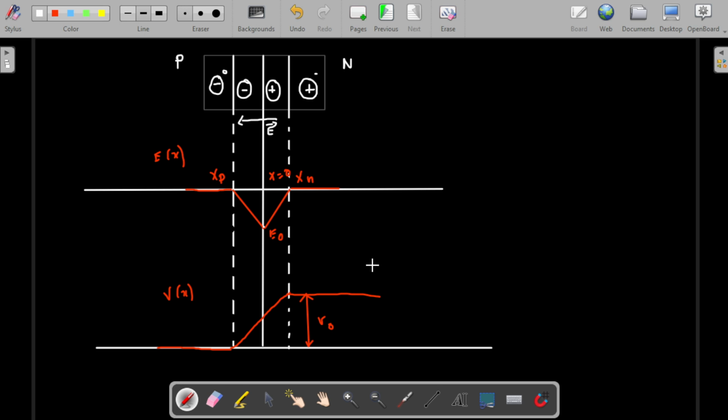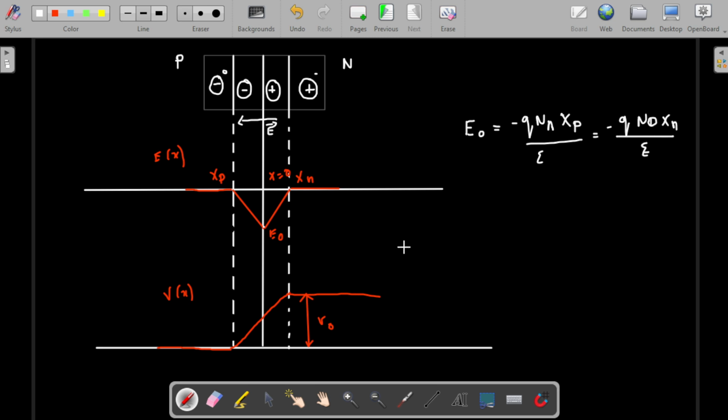In the upcoming lectures, I will show how we can calculate the individual E naught, V naught, everything. For now I will give you the formulas. In the next lecture I will derive all of these. E naught max is equal to Q NA XP divided by epsilon, or also minus Q ND XN divided by epsilon.